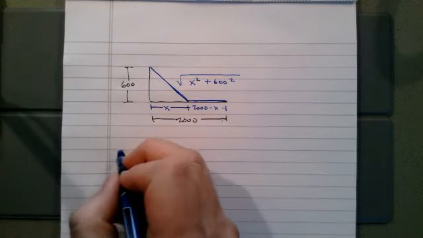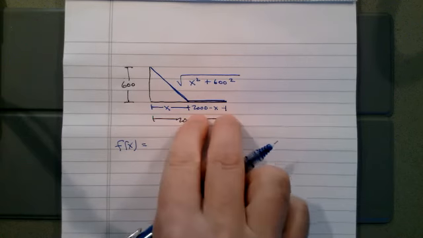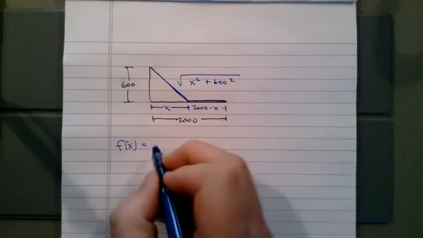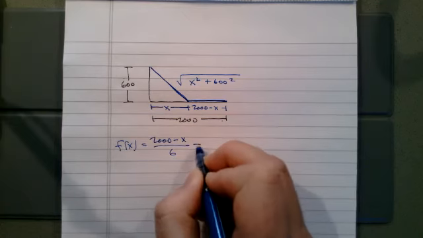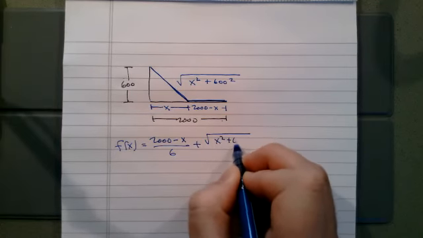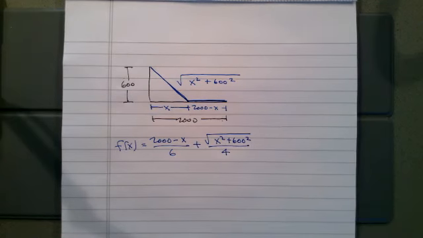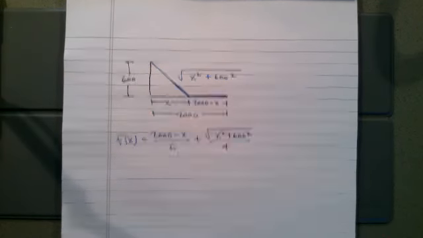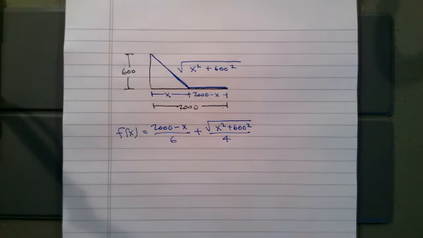So now our function of x will be the time we travel on the sidewalk, (2000 minus x) all over 6, plus the time that we spend on the grass, the square root of (x squared plus 600 squared) over 4. So this is just reformulating it. And now maybe there's less going on in this, so we're okay with it.